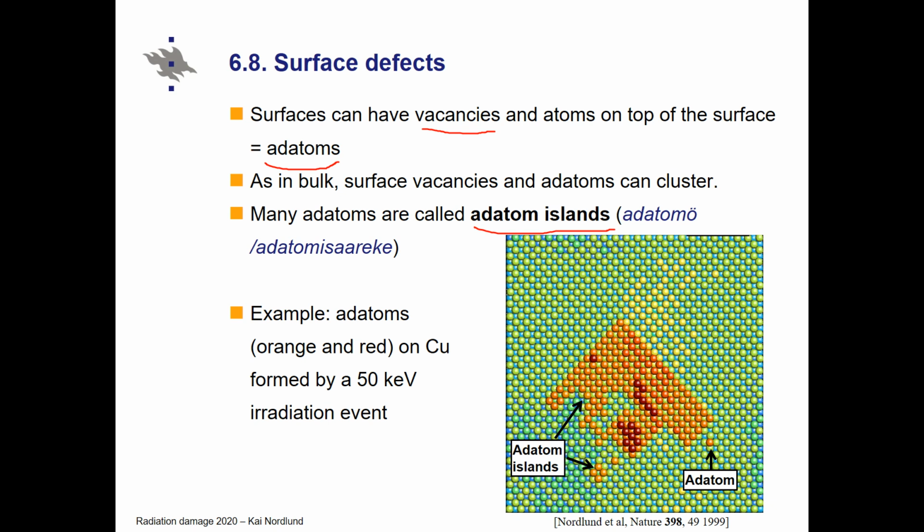And here you have one large and one small adatom island on top of the regular FCC surface. In this case, you actually have a second layer of adatoms here, so you have an adatom island on top of an adatom island. And these were formed in copper by a 50 keV radiation event, by actually a non-trivial coherent displacement event inside the surface from the heat spike.